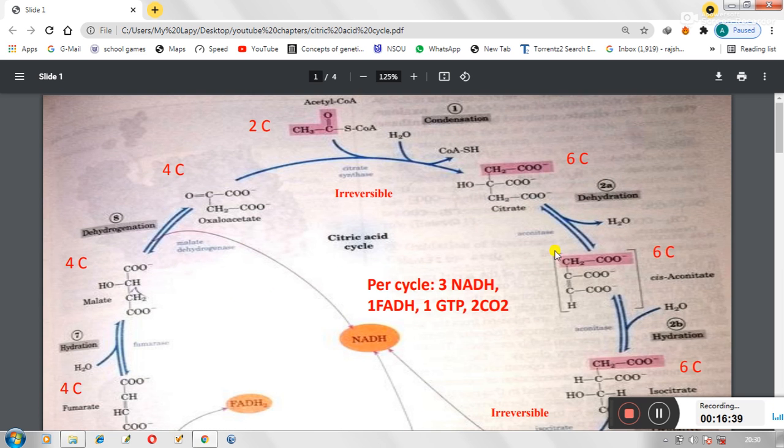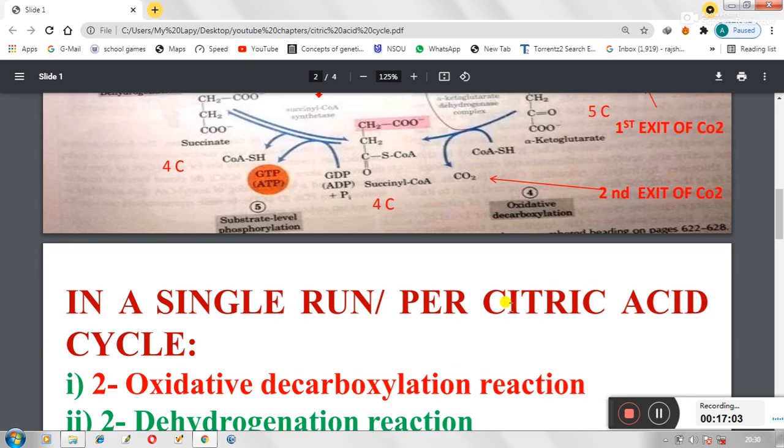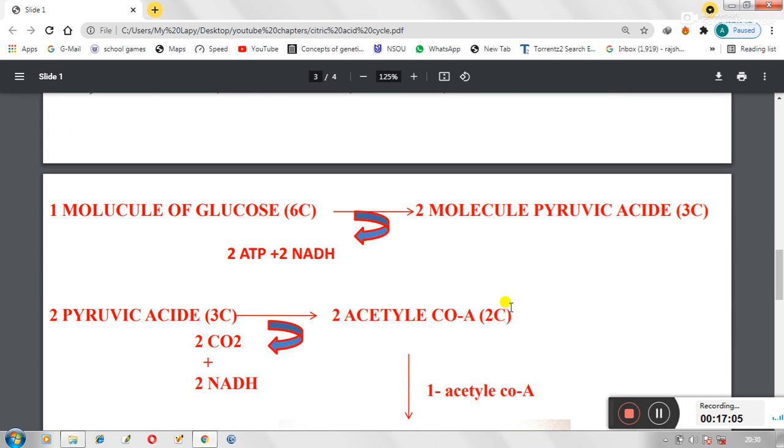Inside the cycle 2 carbon dioxide are released, and before the cycle, in the formation of acetyl coenzyme A from pyruvic acid, 1 carbon dioxide is released. So in total 3 carbon dioxide are released per cycle: 1 outside the cycle, during pyruvate to acetyl coenzyme A, and 2 inside the cycle.